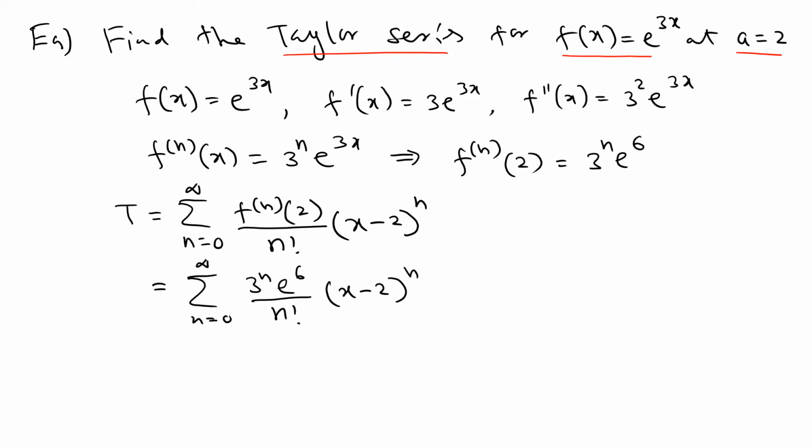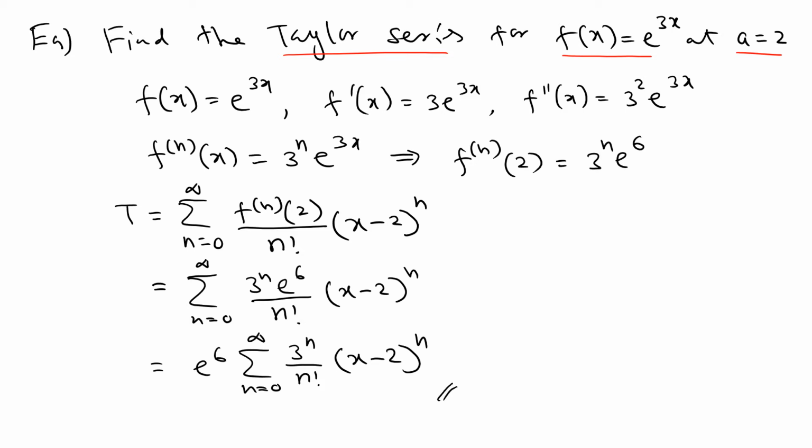Let's plug in. We find this is 3^n e^6 divided by factorial n, x minus 2 to the n. We can take e^6 out as a factor. So you get e^6 sigma n going from 0 to infinity, 3^n over factorial n, x minus 2 to the n. So that's what you get as the Taylor series for this. It's not a difficult calculation.